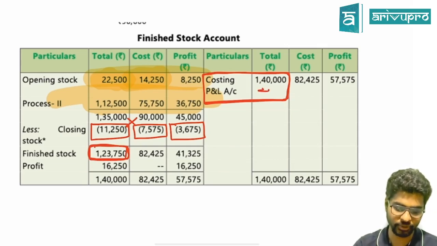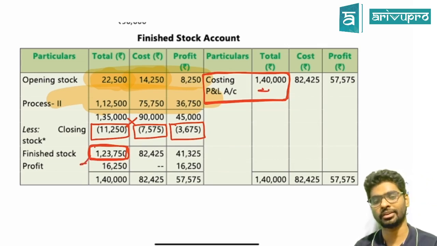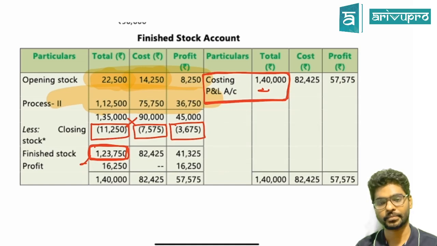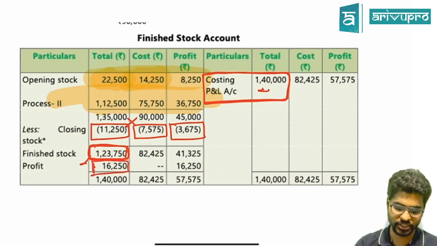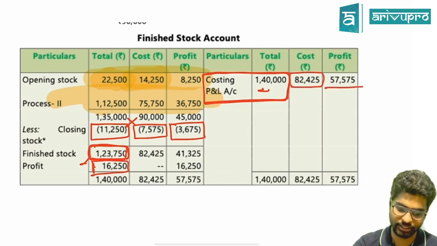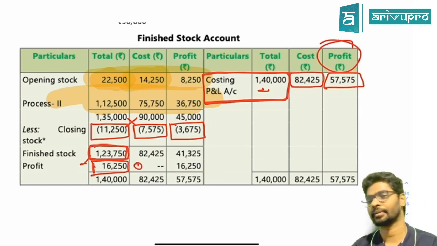So difference between this minus this becomes what? My profit. Now see here, this minus this, why is this profit and this profit different is the question.